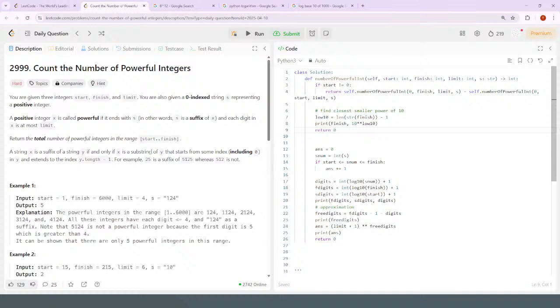Because binary search, I think of it as more of, if you guess a number for binary search, let's say you guess the total number of powerful numbers, you would need to be able to somehow quickly identify whether or not that guess is good or bad.